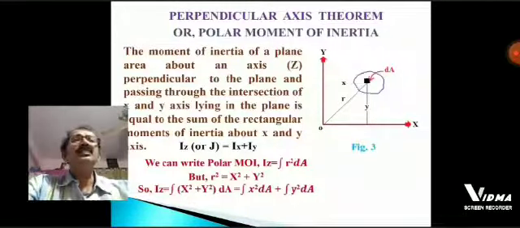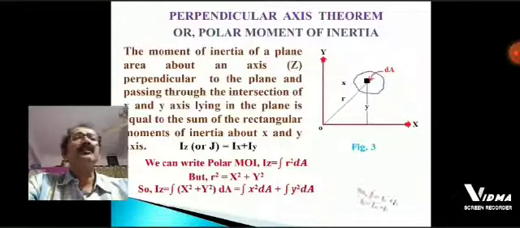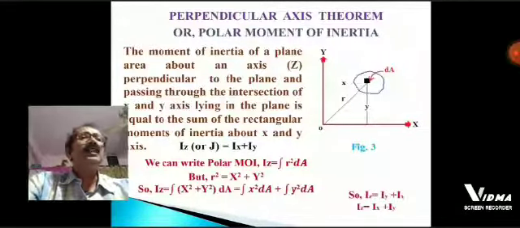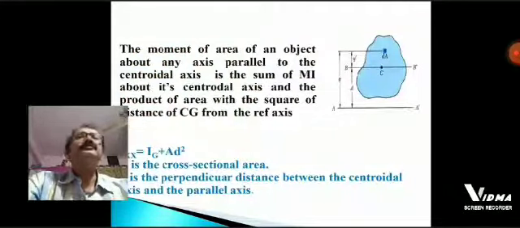Here r square is nothing but x square plus y square. So Iz equals integration x square plus y square dA. If we split the term, that is integration x square dA plus integration y square dA, this is nothing but Iz equals Iy plus Ix. So Iz equals Ix plus Iy.